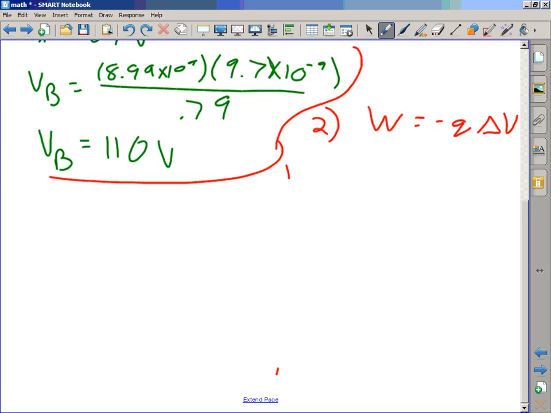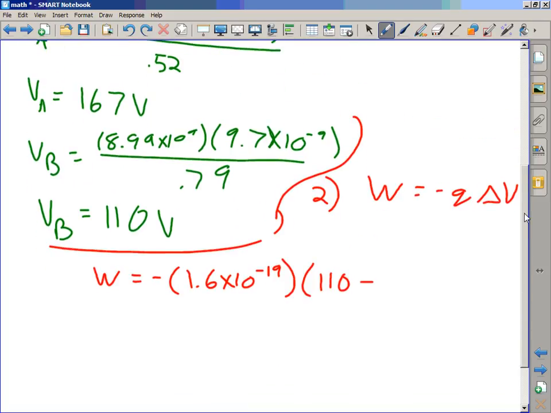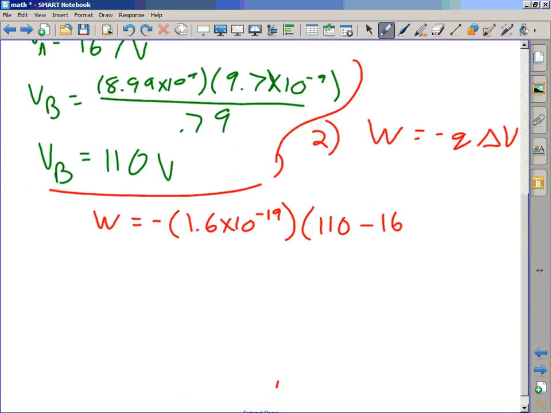So W equals negative the charge of a proton, which is what? 1.6 times 10 to the negative 19 coulombs, good, times the potential difference. It's V final, that's 110, minus V initial, 167. Negative and negative, this is going to come out to be a negative number.